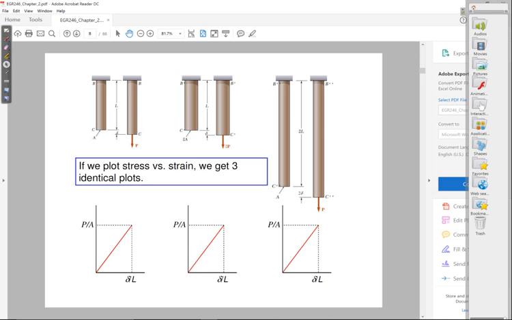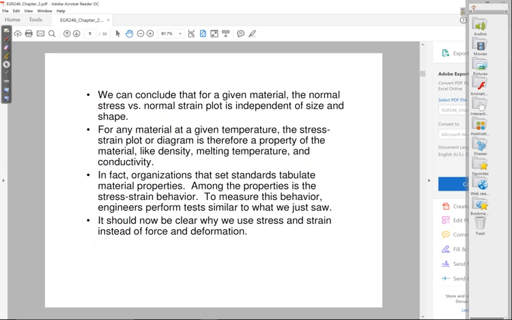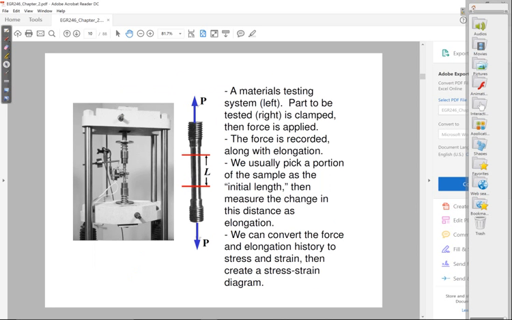And the test that they perform to come up with Young's modulus looks something like this. This will be very similar to a device that they will use. This is usually referred to as a materials testing system, and it's very simple in concept. What happens usually is these systems have one fixed end.